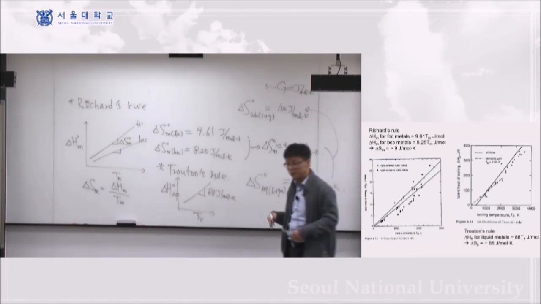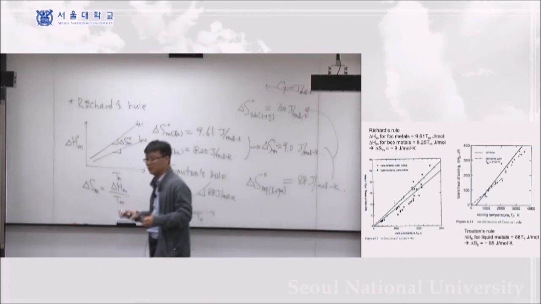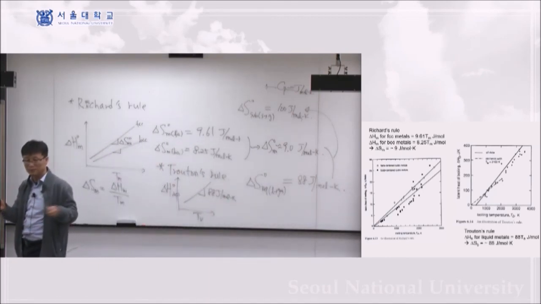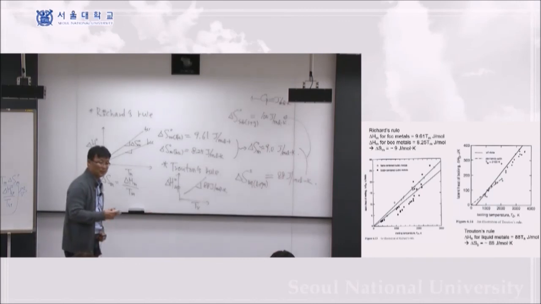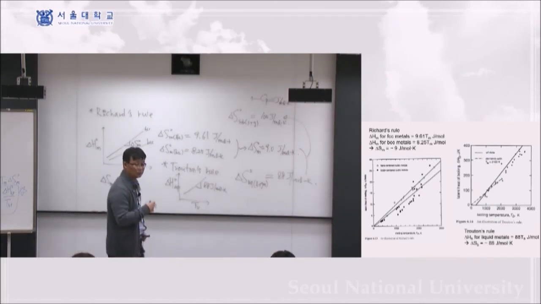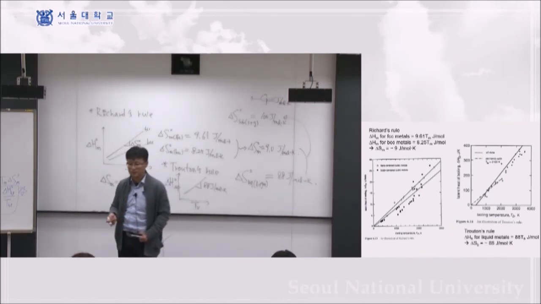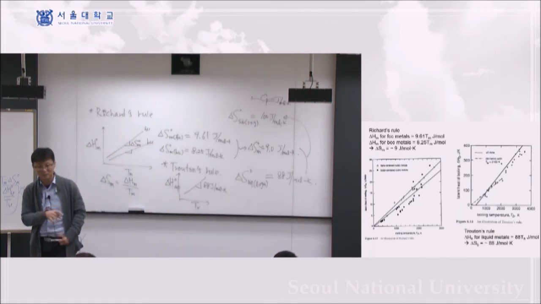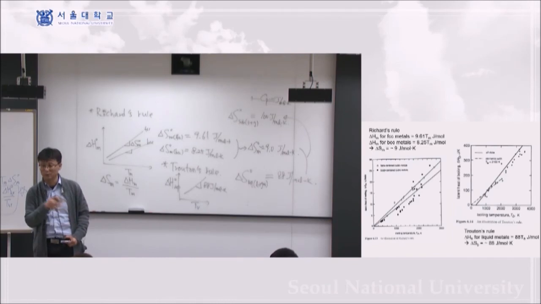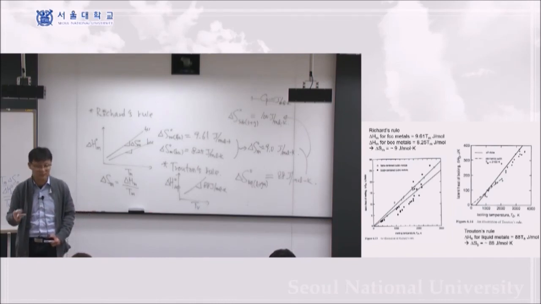You have to know this number reasonably. You don't have to remember it, but at least get some idea. Solid becomes liquid, about 10 joule per mole Kelvin. Liquid becomes gas phase, about 90 joule per mole Kelvin. And solid to gas phase, whatever solid it is, whatever crystal structure it is, is reasonably about 100 joule per mole Kelvin. That range.